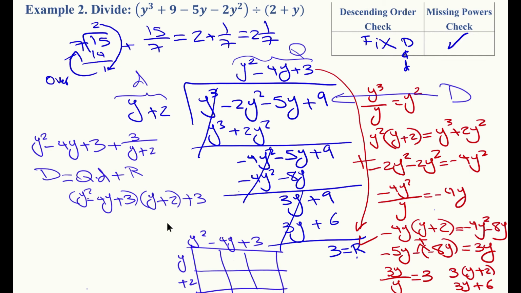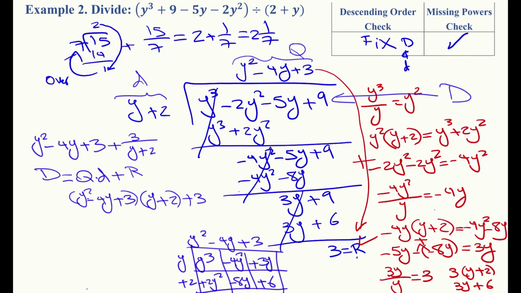So we know that y times y squared, that's y cubed, y times negative 4y, that's negative 4y squared. y times positive 3, that'll give us plus 3y. Now moving to 2, 2 times y squared is positive 2y squared. 2 times negative 4y, that gives us negative 8y, and 2 times 3 will give us positive 6.